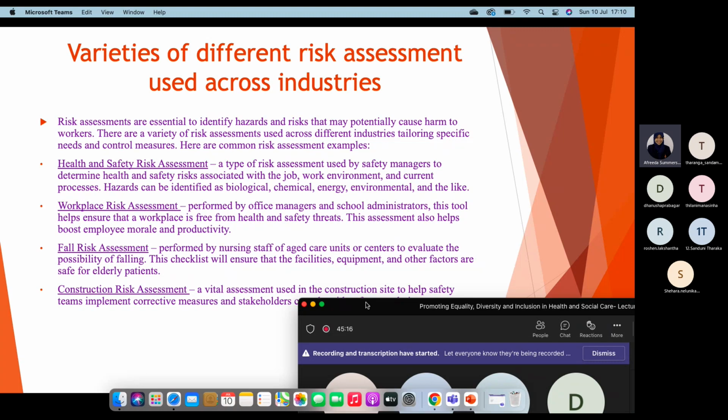To prevent this fall and the danger that can arise, we need to have a risk assessment. The moment nursing staff see an old person entering, they need to help them walk to where they need to go, or if they need to use the washroom, or if they're a bedridden patient, how they need to be supported. So healthcare management, like I said, is not an easy field, but it's a very rewarding field.